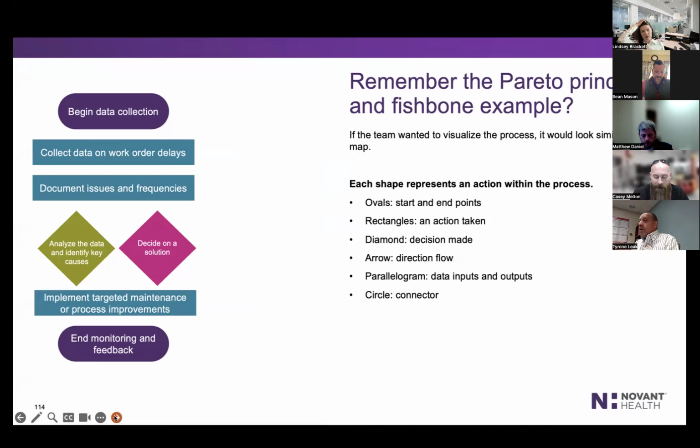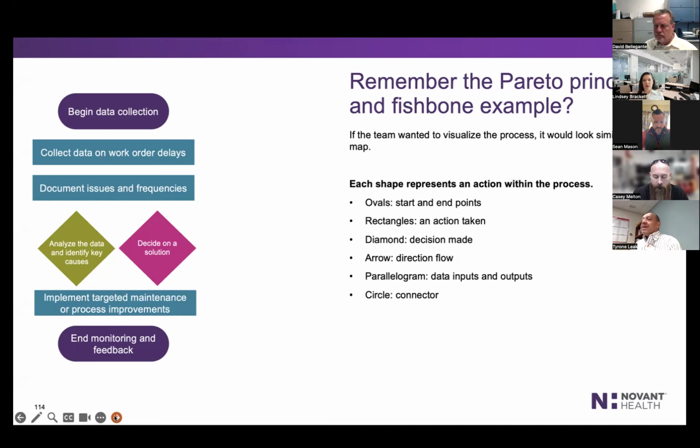And here in the middle, it talks about the oval that we see here. It's used for the start and end point. The rectangles are actions taken. The diamond indicates decision making. The arrow, which I don't see, indicates the direction of flow from that viewpoint, what flow you're going through. Then the parallelogram is data input and output, and the circle indicates the connector.